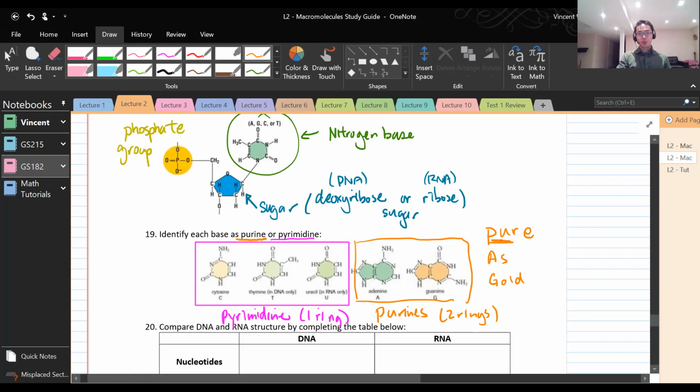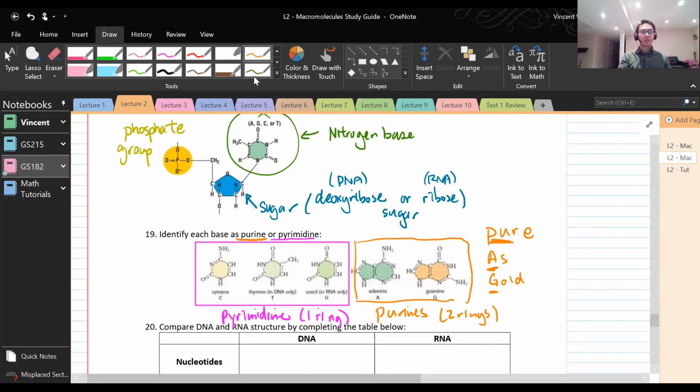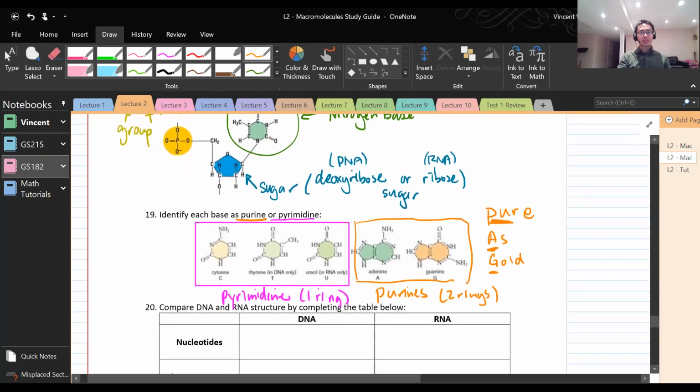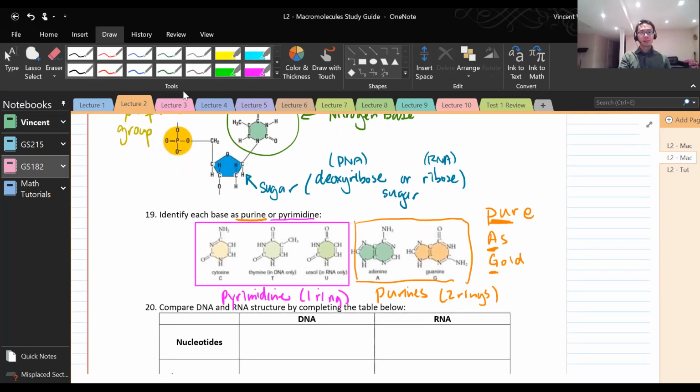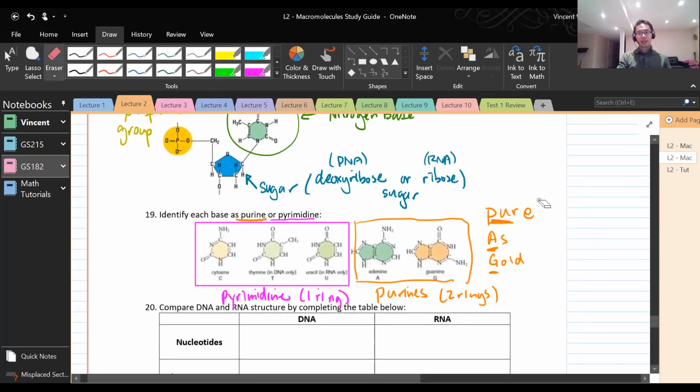Okay, so purines are A and G, adenine and guanine, pure as gold. Okay, so in terms of the pairing rule, pyrimidine always pairs with purine.